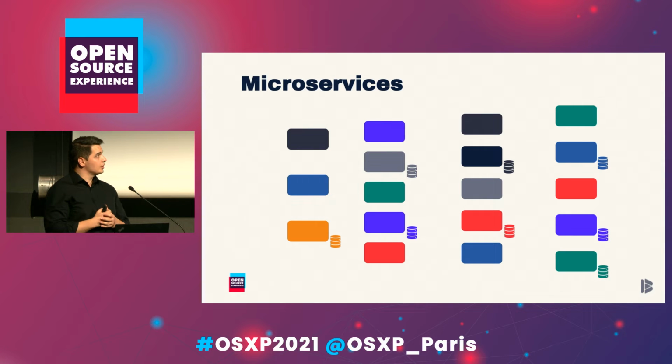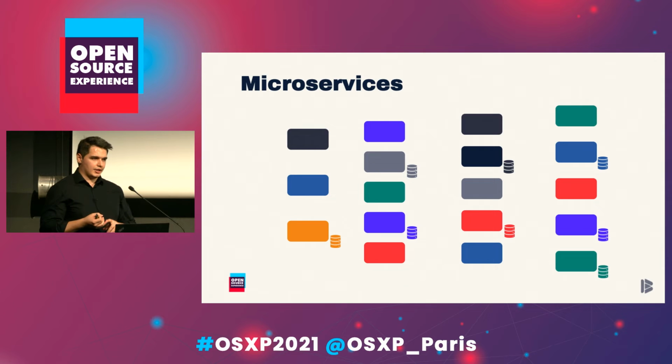Also, each microservice has ownership over some part of the data. If we talk about an e-commerce application, we have users, orders, carts, products and so on. Then we can have a domain for each microservice with the data attached to it. Another cool thing about microservices is that we don't need to have the same database for each microservice.